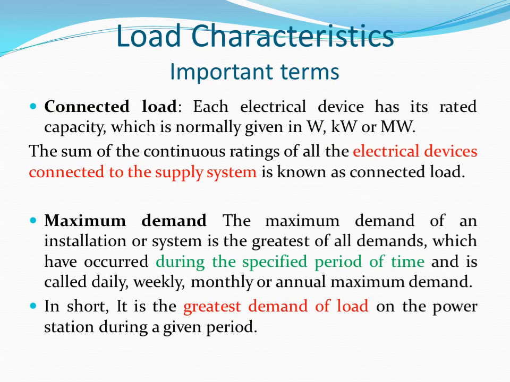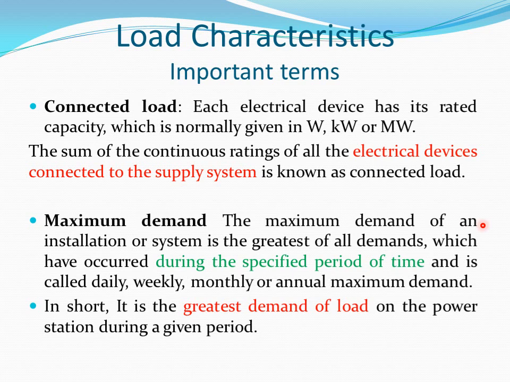Now we are going to learn some basic and important definitions related to the load and the load characteristics. First we are going to see what is a connected load. The number of electrical equipments connected to the system, we will say it as a connected load. The load can be in terms of watts, kilowatt or megawatt.